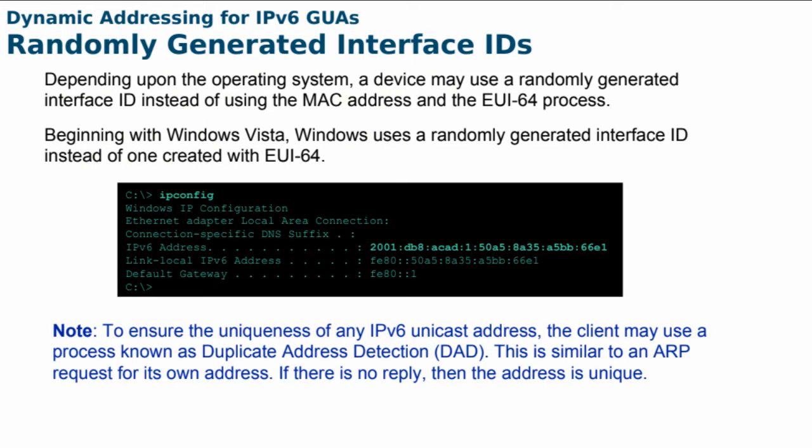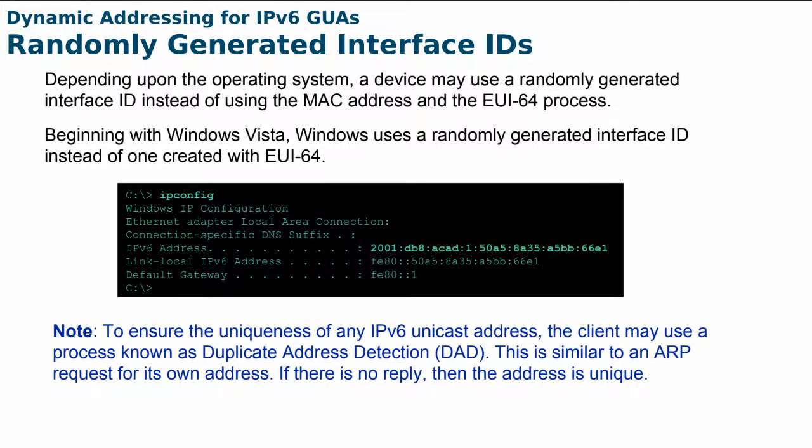We have also randomly generated interface IDs. Depending upon the operating system, a device may use a randomly generated interface ID instead of using the MAC address and the EUI-64 process. If you remember, when you start your Windows, if you don't have any DHCP, you are not connected to the internet, you did not put a static IP address, your computer will use an IP address only temporarily just to get booted.